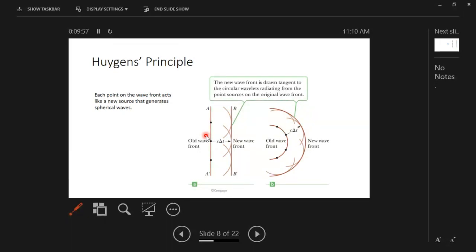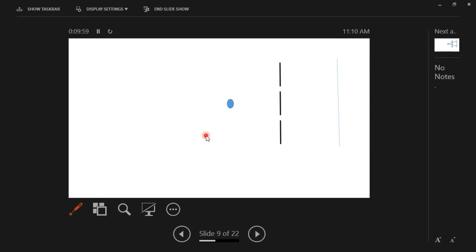So let's look at Young's double slit experiment. Let me tell you what that is. So you have a source. This source generates spherical waves. That means you have light rays going in all possible directions, and the wavefronts are going to be like circles. You have a screen here.